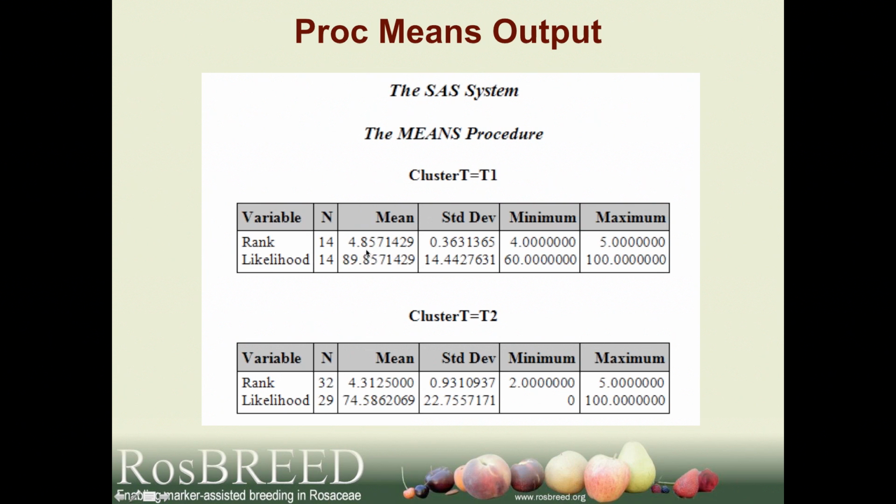The mean for rank is 4.8. The mean for likelihood is 89.85. We also have standard deviation, minimum and maximum value. So this is all part of the output. We have the proc means output for the total 9 clusters.